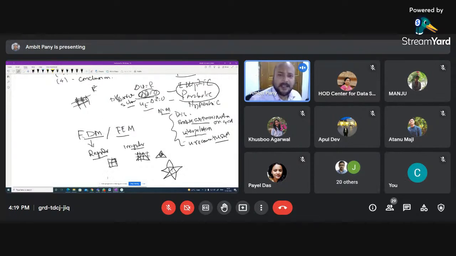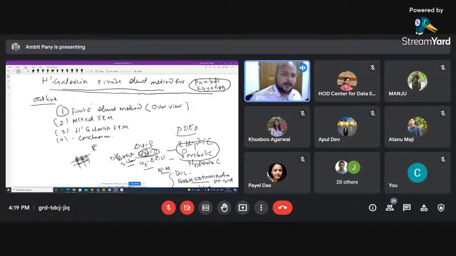Now the question is, when you think about the finite element method, we can focus on two things. Maybe one or two people in our department know about the finite element method, but not everyone may be aware of it.